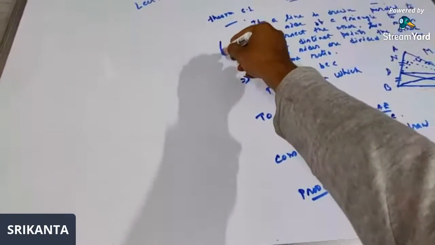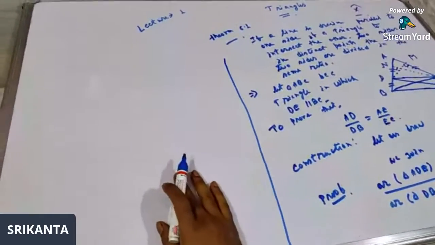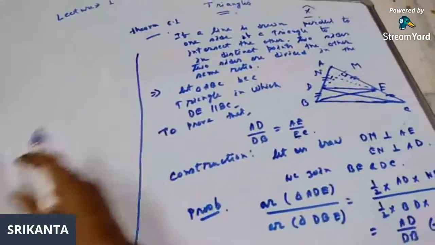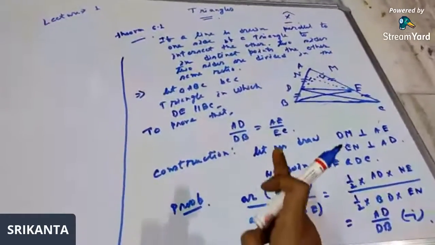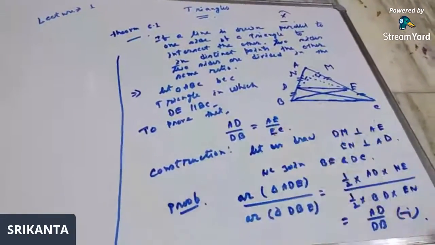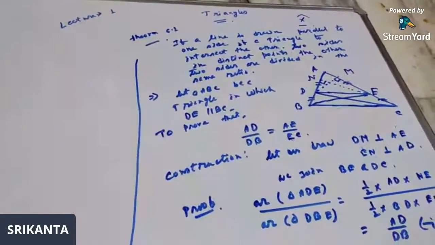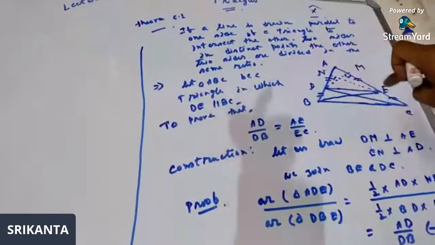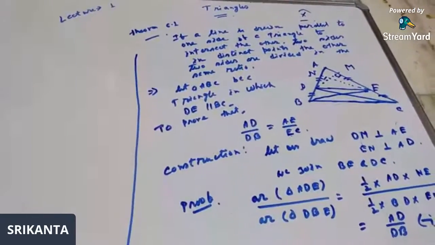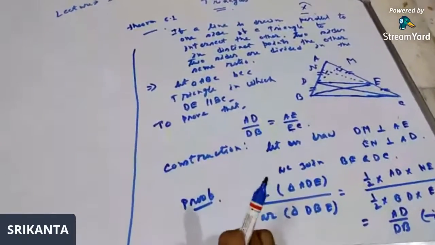Now we have AD by DB. We need AE and EC. AE belongs to triangle ADE, so we take ADE, and EC belongs to triangle DEC, so we take DEC.